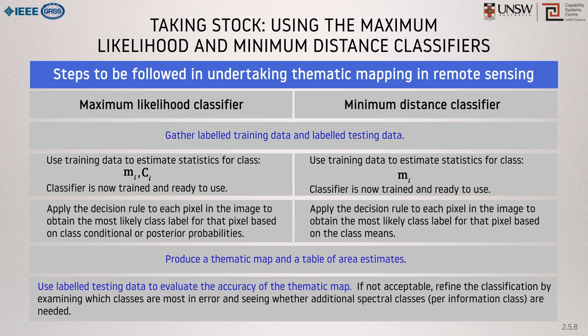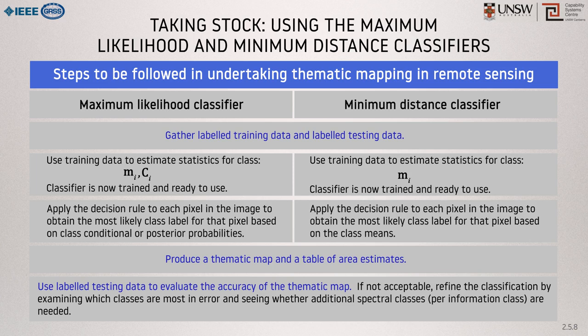Note that 3 of the steps are common to both approaches, as highlighted in blue, and will also be common to any of the classifiers we look at in this course. They are training, thematic mapping, and accuracy assessment. The approaches differ only in how the classifiers are trained and how they are applied to unseen pixel data.